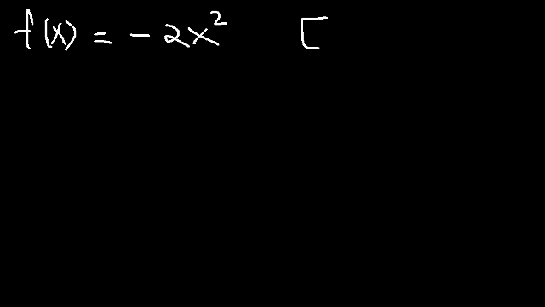Let's try a function that's concave down. Let's try negative 2x squared, and let's add a plus 4 to it, on the interval from 0 to 1.